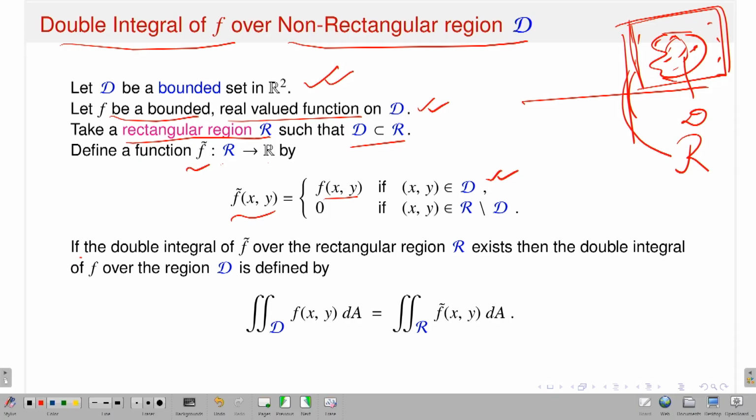Then I am saying that if the double integral of f2 del over the rectangular region R exists, and you know the notions I already discussed, if I have a bounded function on a bounded rectangular region, then what is the notion of double integral?